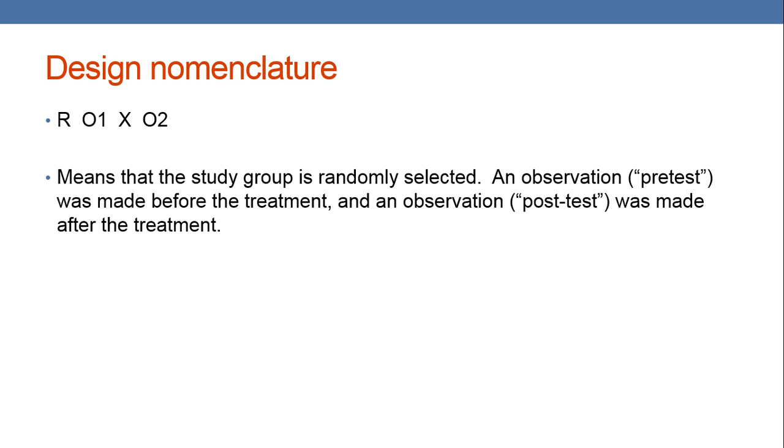O1 means it's the first moment of observation. X is the intervention, and O2 is the second moment of observation. So if you're going to do a pre-post study, you would compare the first moment of observation to the second moment of observation and be able to draw some conclusion about whether or not the intervention had an effect. So that's just an example.